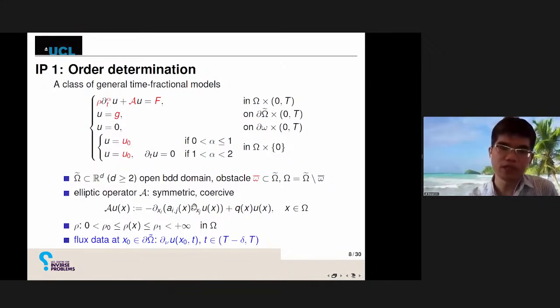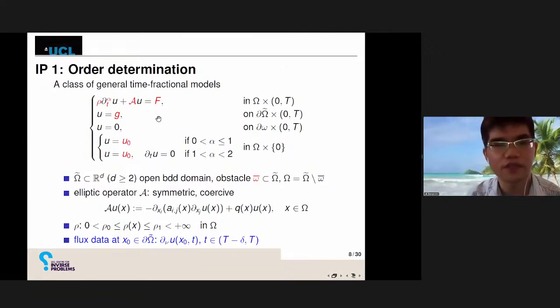So it's symmetric and coercive. It has all the nice properties, but we do not know these coefficients like Aij or Q. And for the density, again we assume that it's bounded from below and above, and it has certain regularity. So that's the setting.